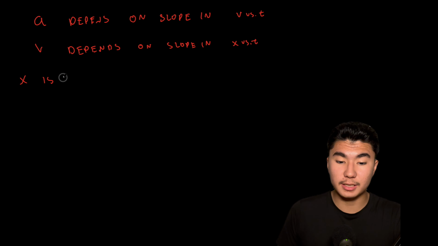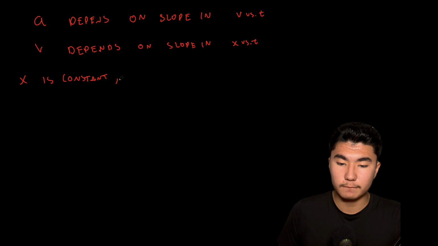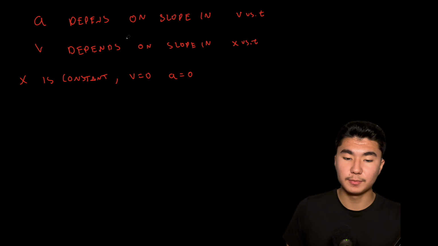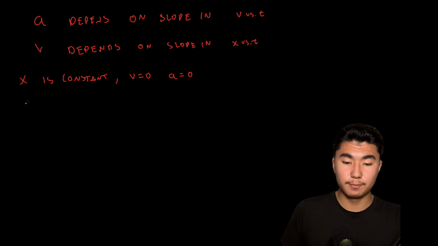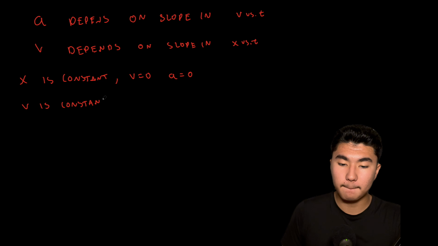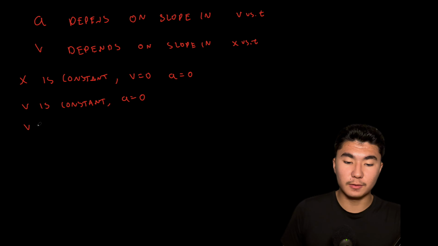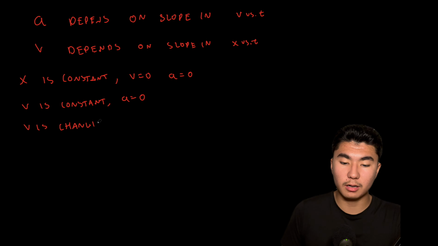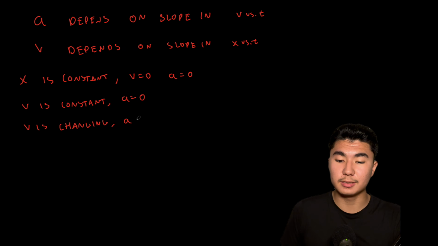If our position is constant, velocity equals 0 and acceleration equals 0. Now, if our velocity is constant, our acceleration equals 0. If velocity is changing, then obviously we have an acceleration that is not equal to 0.